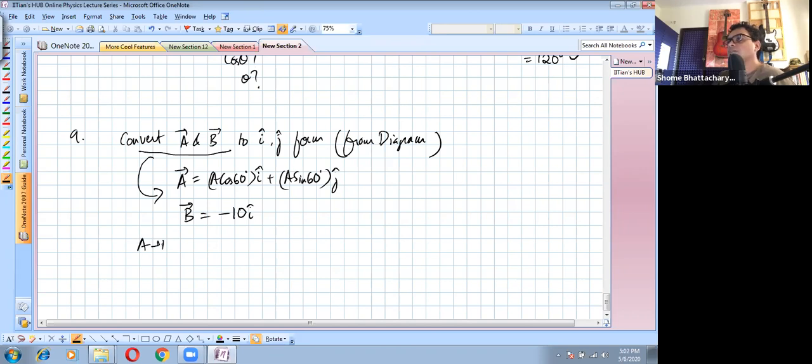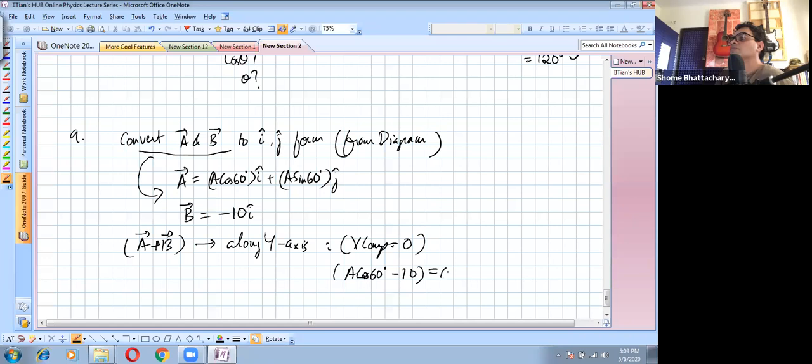So A plus B should be along the y-axis. So that means its x component should be 0. So when you do A plus B over here, the x component you can see is the sum of this and this. So A cos 60, which you know is half, minus 10 should be 0. It's very much like a question we've done a little while back. Okay, so this should be easy.